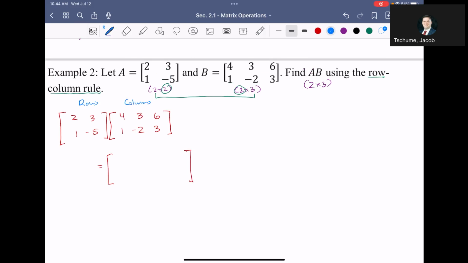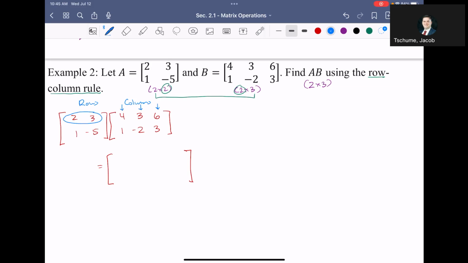And here's what we're going to do, and your calculator can help you out a little bit with all the number crunching. We're going to take the first row of the first matrix and multiply it by each column and create an operation.